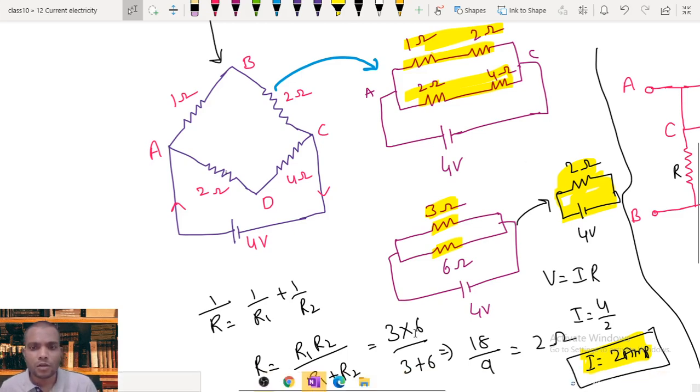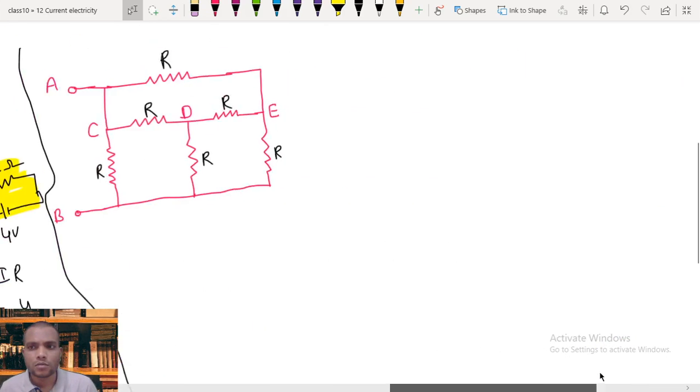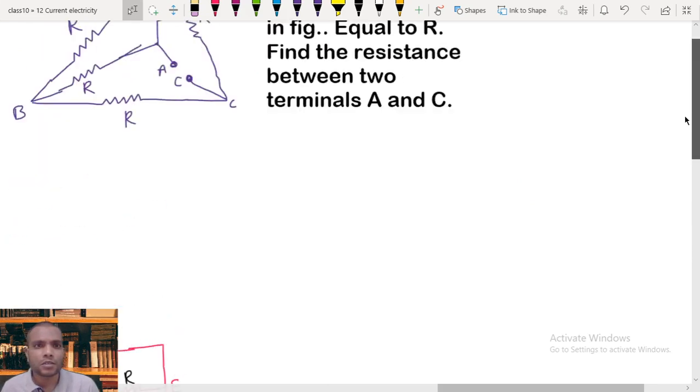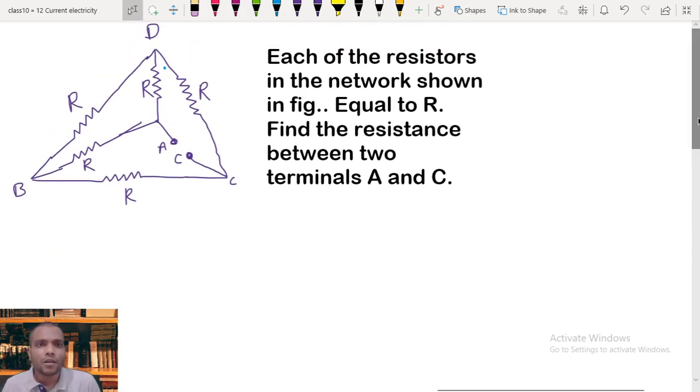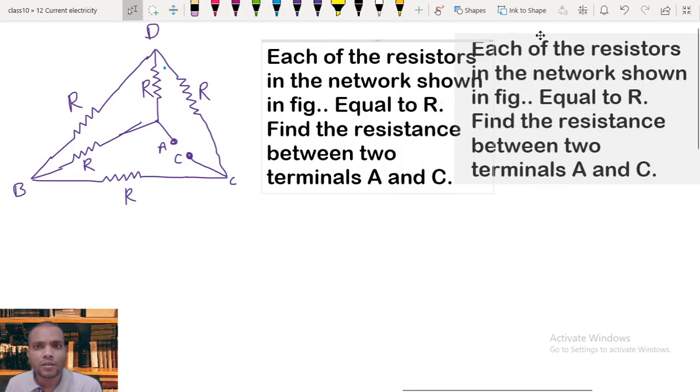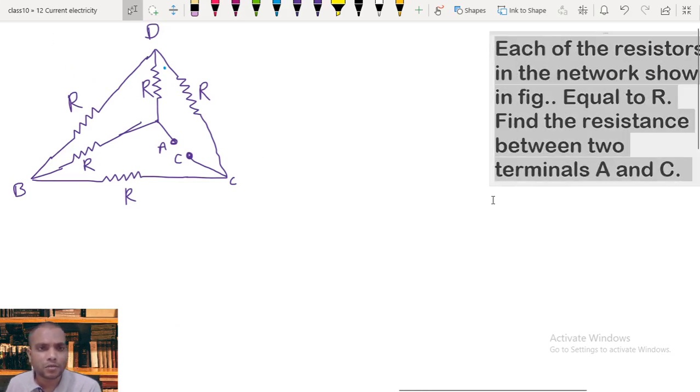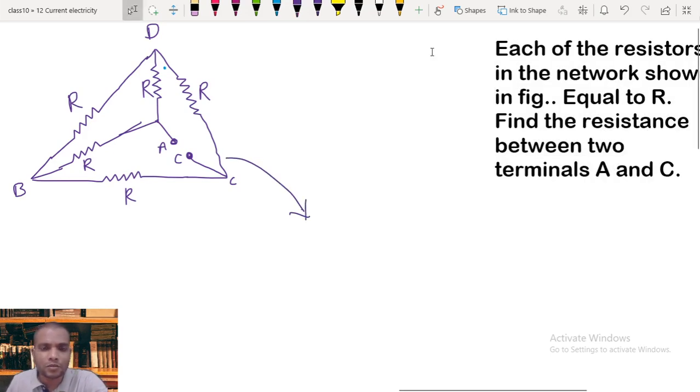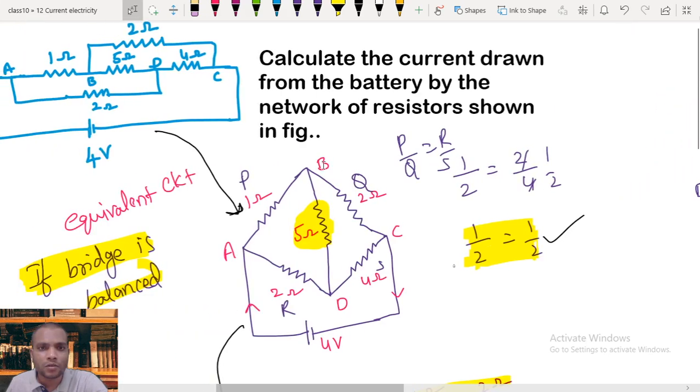So let's see one more model of the equivalent circuit combinations we were discussing. This is also another type of model for the Wheatstone bridge equivalent circuit.